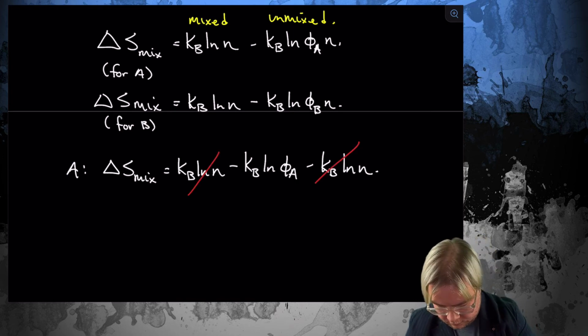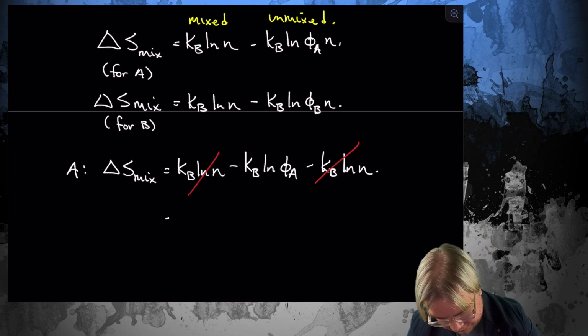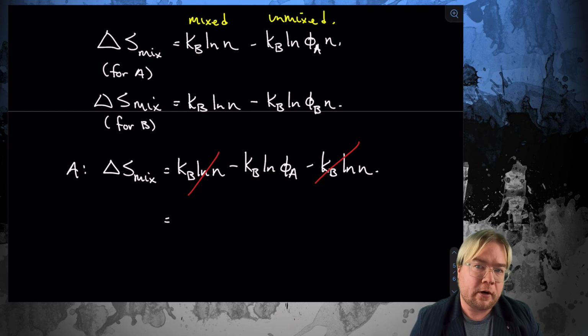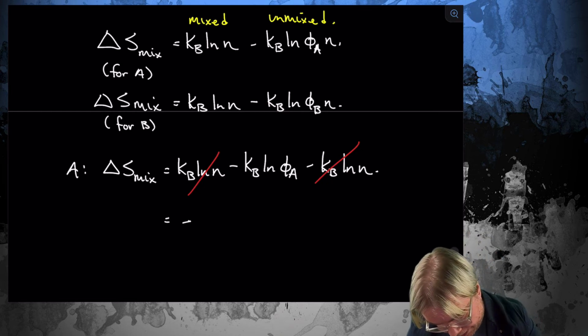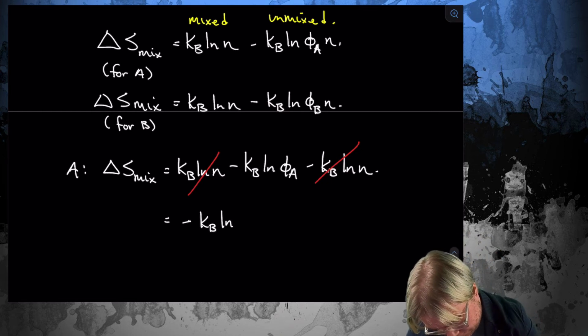Things cancel. I like that. So the change in entropy for the A particles, for a single A particle, I should say, in going from an unmixed to a mixed state, will be minus KB times the log of its volume fraction.